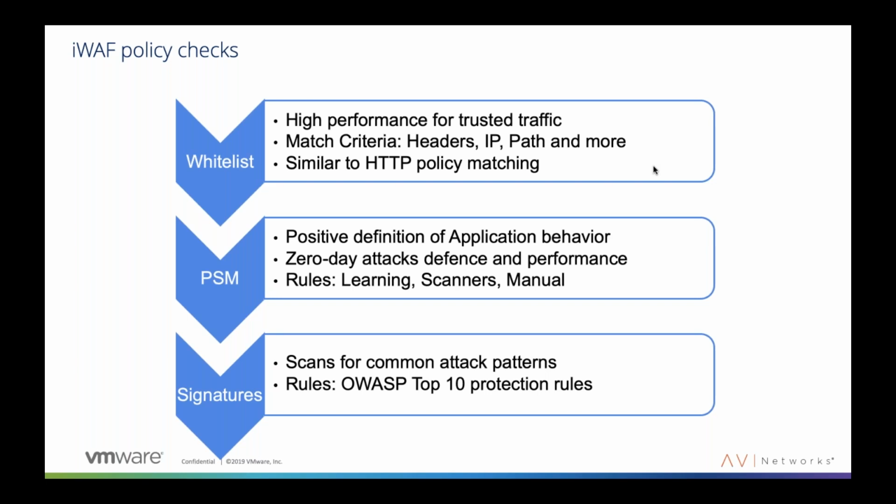So first, we start with a whitelist policy within the WAF policy, and that is because you have traffic that you might need to bypass from the WAF. And that's with every application, and many other use cases are there.